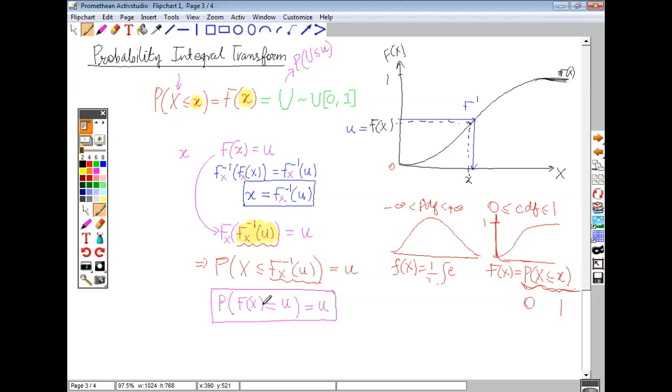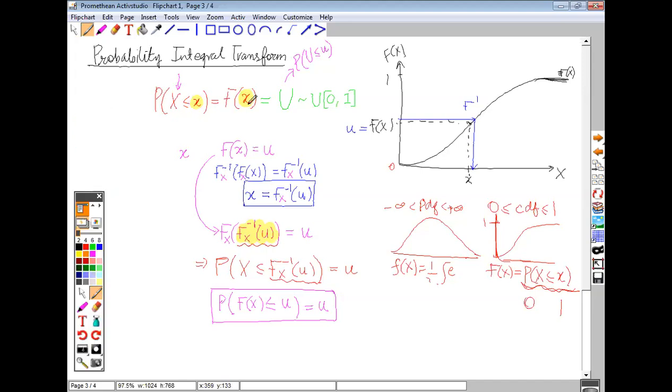I forgot to mention that there are certain assumptions we have to make for f to be able to take its inverse. The very first assumption, and this is a necessary condition, is that f should be a continuous function.